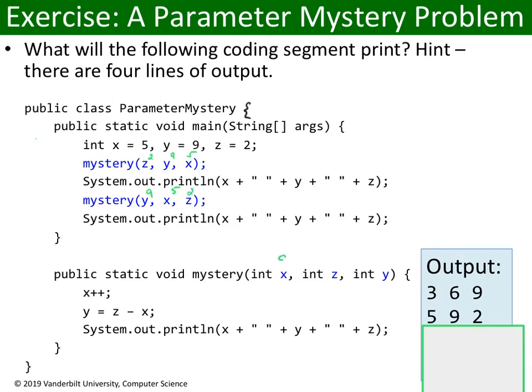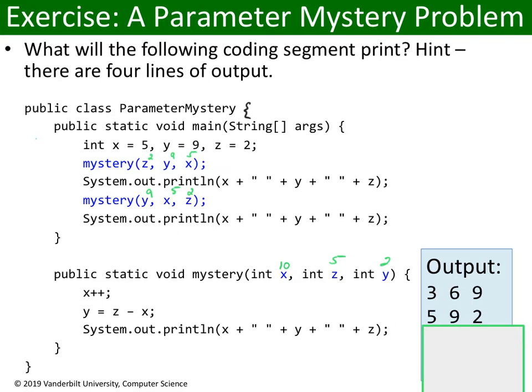So our parameters take on these values. So just as we did last time, we increment x, so x becomes 10. Then we will assign y the value which results from the expression z minus x.